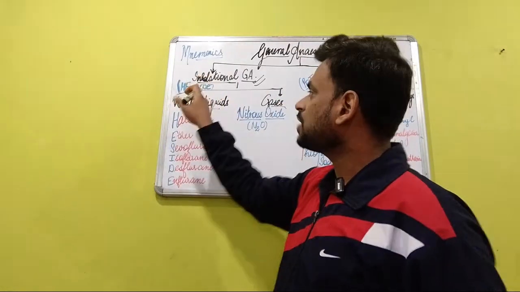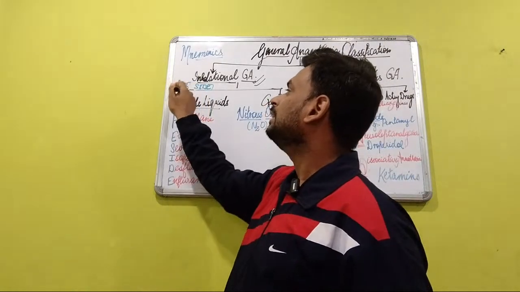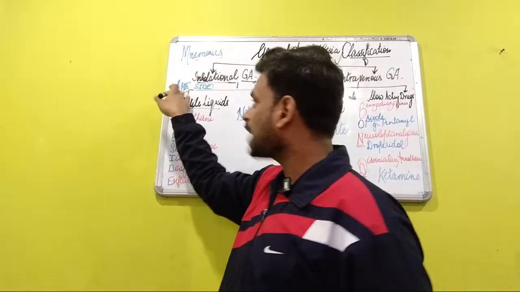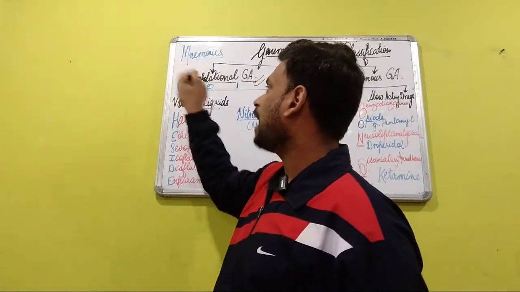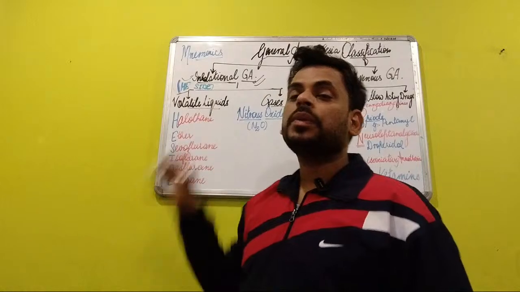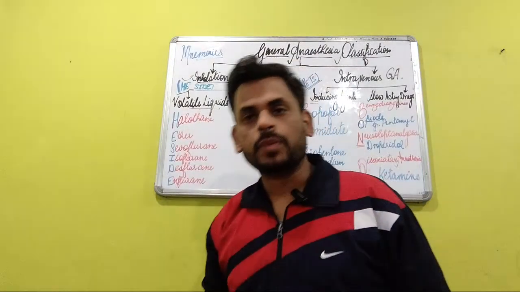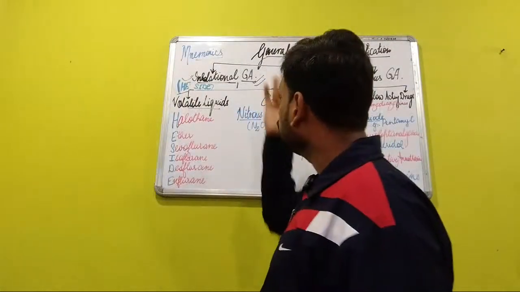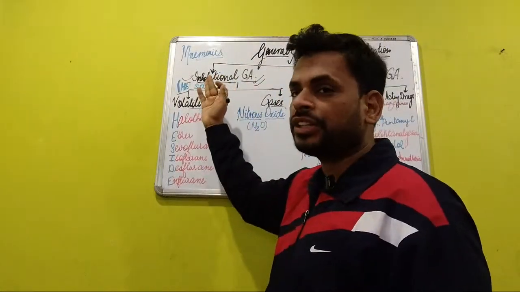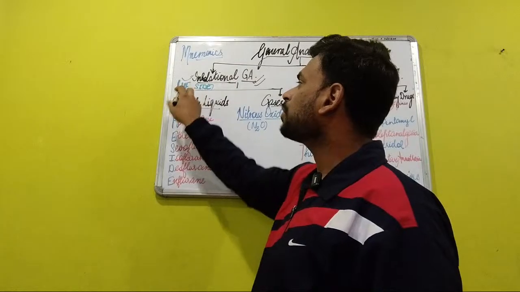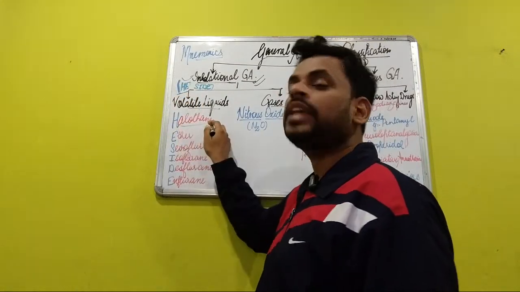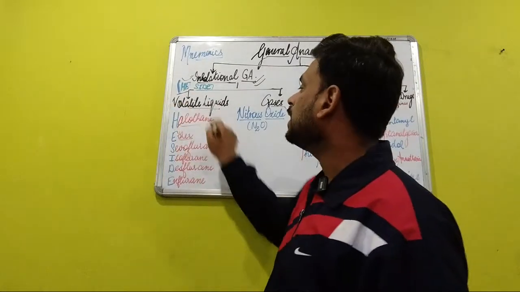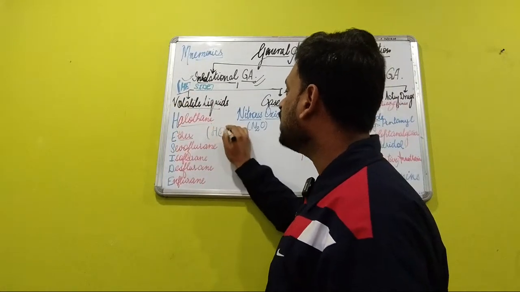So if we just remember the mnemonic HE SIDE, we can very easily remember and sequence the drugs falling under the volatile liquids of inhalational general anesthesia. The H of HE refers to halothane, the E refers to ether.